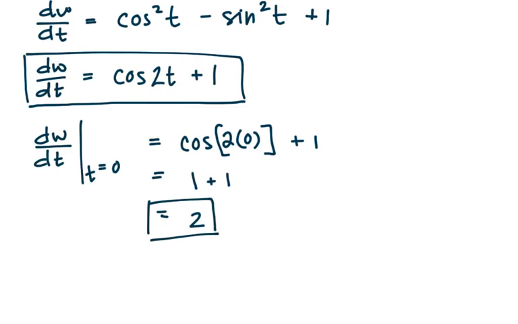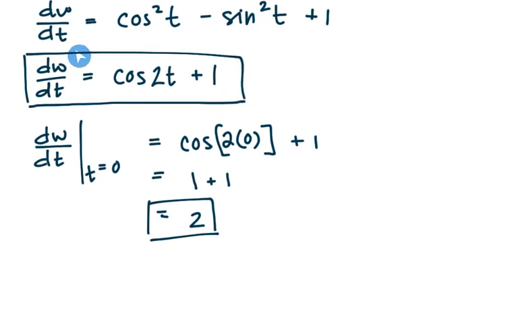That rate of change here is 2. So the calculation is easy, but what is it that we're finding? Well, remember, a derivative is an instantaneous rate of change, right? So this 2 represents the instantaneous rate of change at the moment t equals 0.